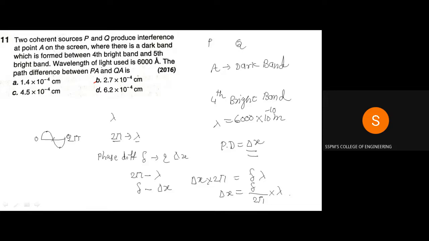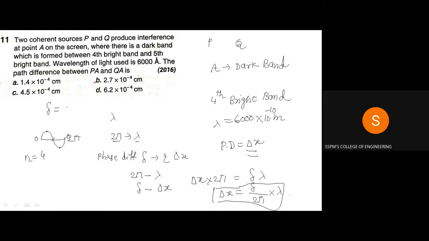Now next, here n equals 4. You have to remember this relation: delta x equals phase difference upon 2 pi into lambda. Here n equals 4. Then delta for a dark ring; delta is the phase difference.